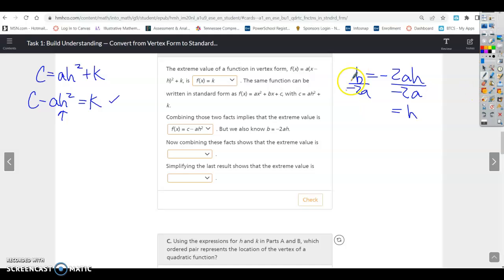I'm moving the negative to the top, but it's just negative b over 2a. So if we substitute this right here for h, we're going to have c minus a times negative b over 2a squared.